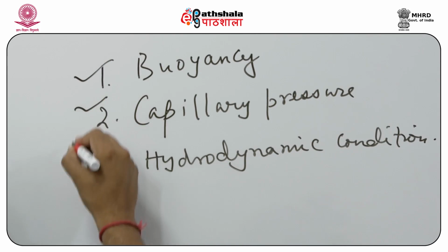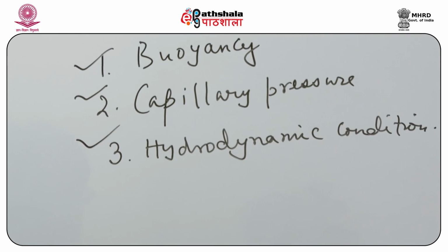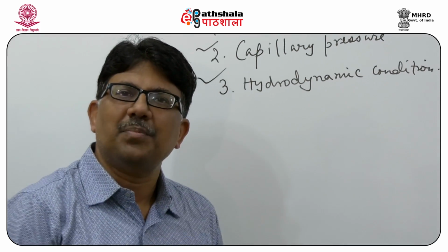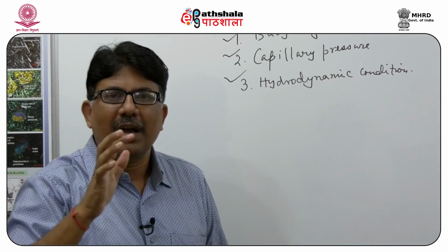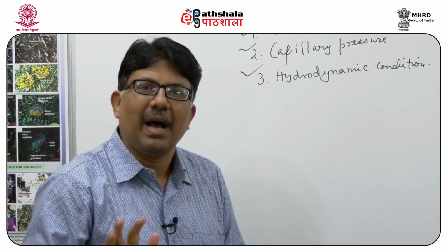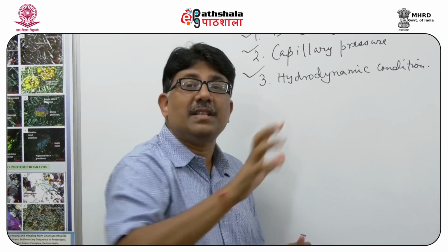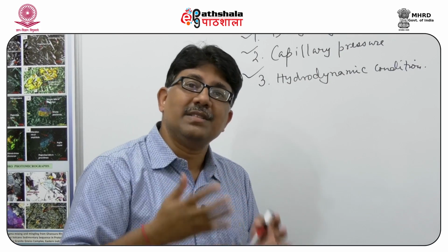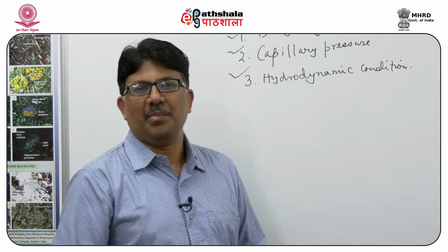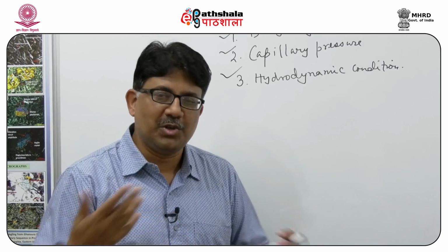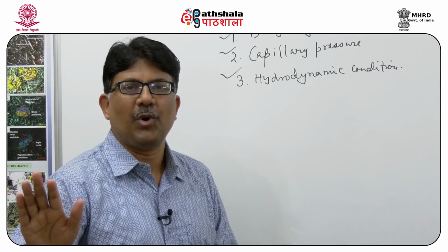So these are the three factors which people think are some of the most important factors in the secondary migration of hydrocarbon. Now, how these three factors play their role is the core of the discussion of secondary migration, and how they really control the entire secondary migration process.